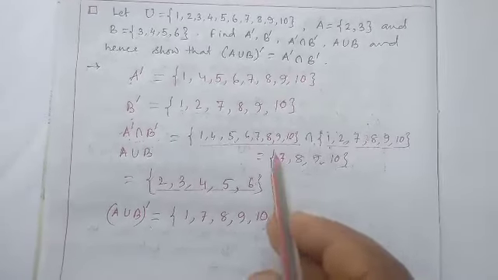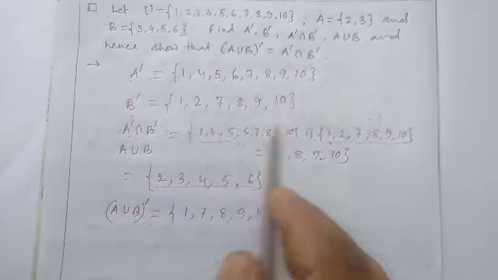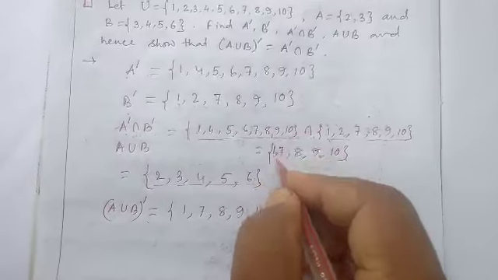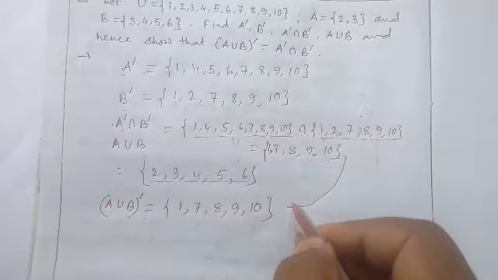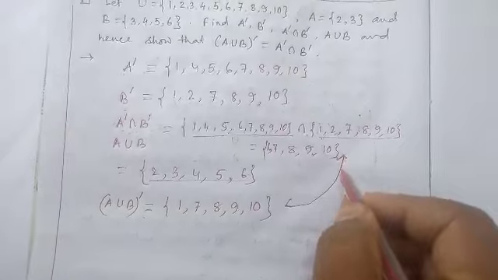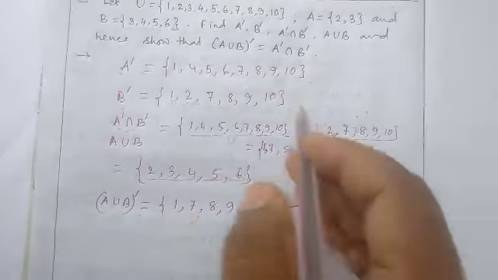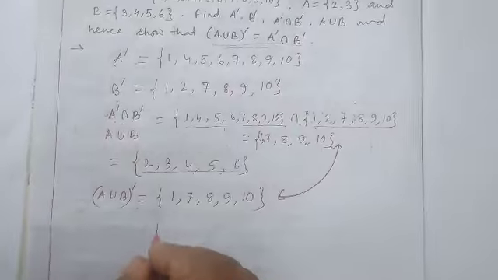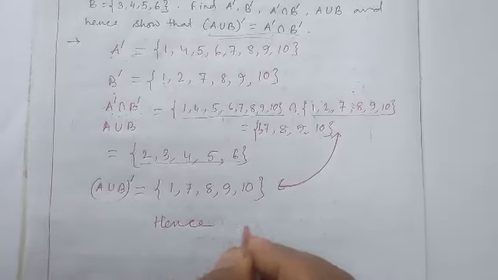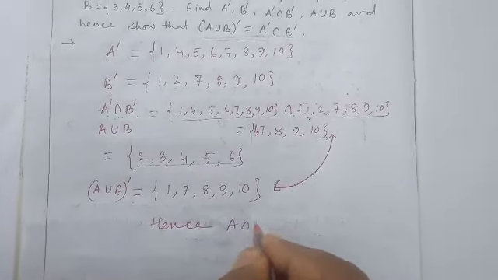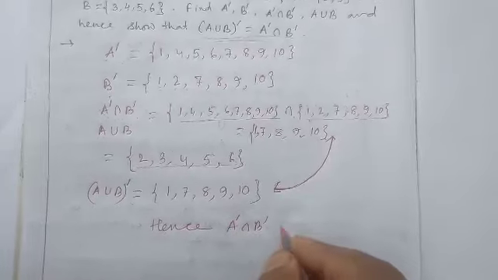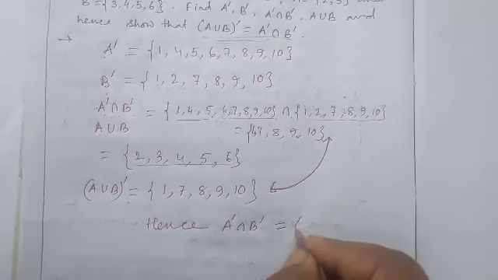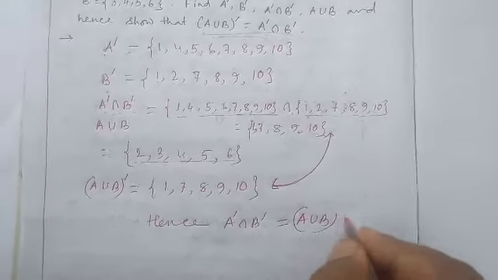Sorry, here is also another common element, you see 1. So 1 is the common element here also. You see both sets are equal, so this is what you prove. Hence A union B whole complement equals A complement intersection B complement.